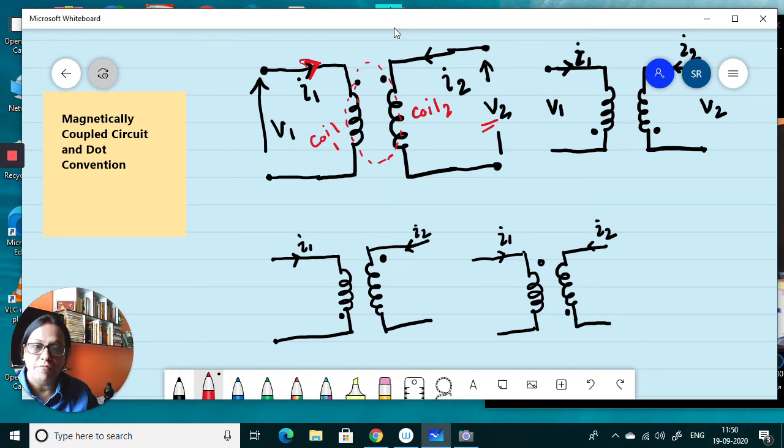Similarly, there are 4 figures, and these 2 coils are close to each other, and these 2 coils are close to each other. Now, what is a dot convention? Mutual inductance is a positive quantity, and we can get mutual inductance between this pair of coils, similarly between this pair, and between this pair.